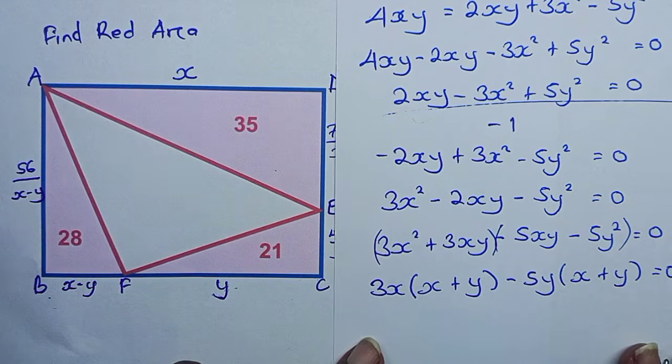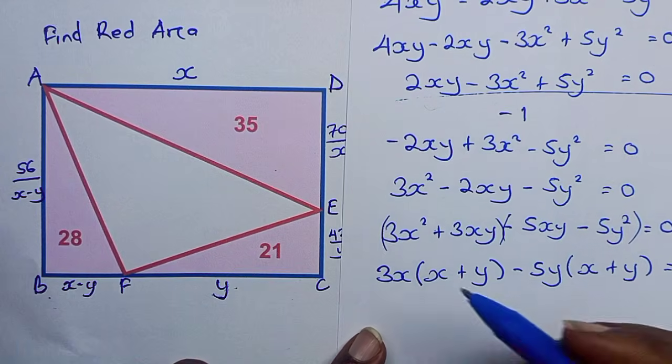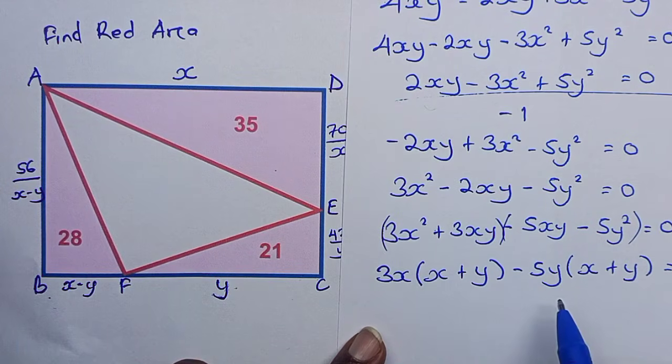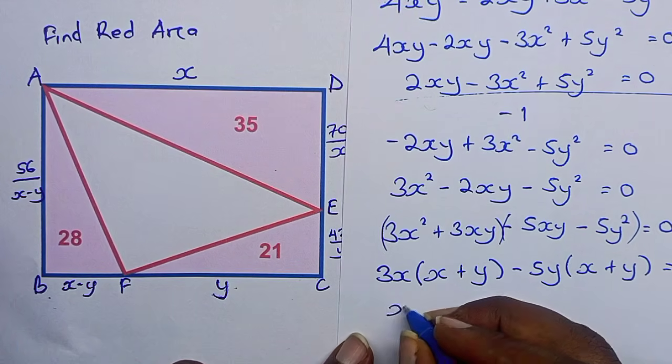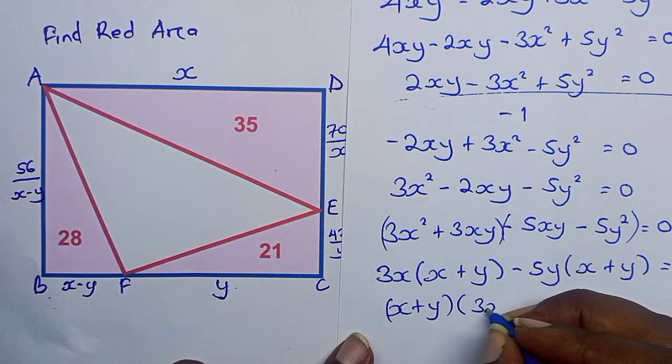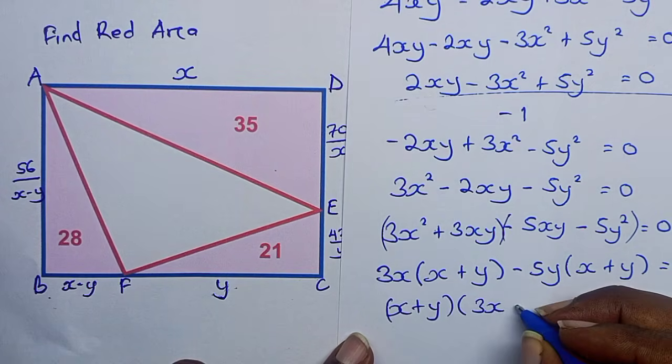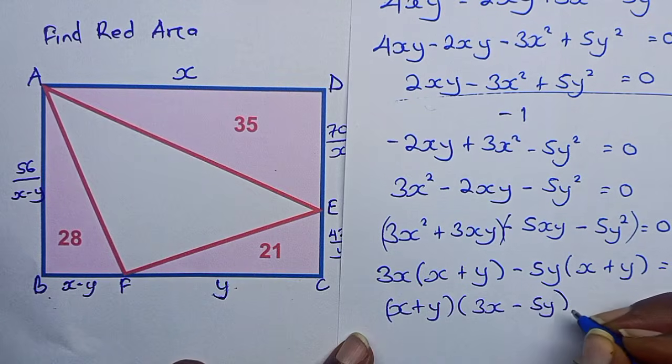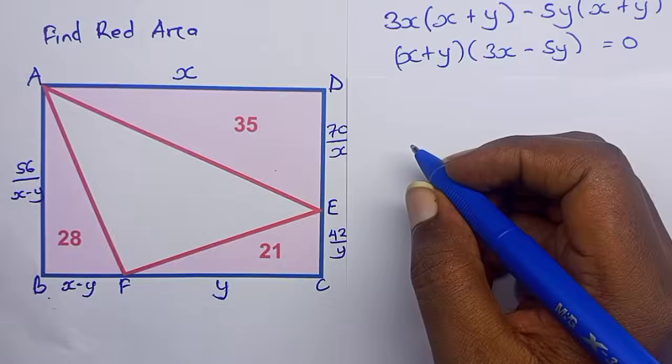This is equal to 0. As you can see, x plus y is common. We factor it out. We shall have x plus y into 3x minus 5y, so this is equal to 0.